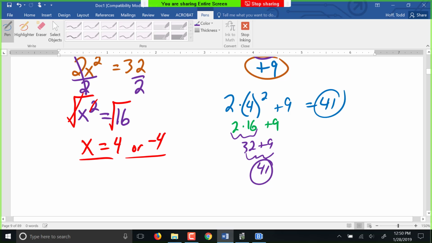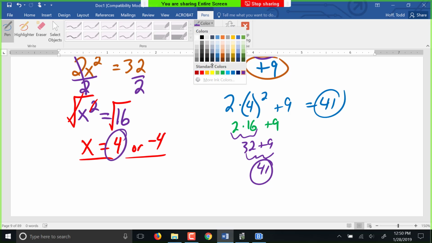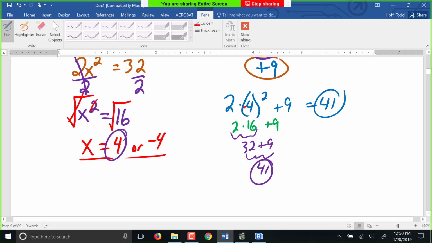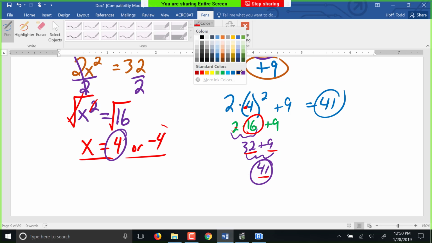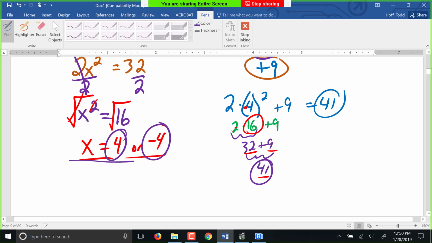So we get the same value on each side. So we know the 4 works. Let's test the negative 4. Well, if that were a negative 4, what's negative 4 squared? 16. So we end up 2 times 16 is 32, plus 9 is 41. So it does work. Both of those, positive 4 and negative 4, are valid solutions to that equation.